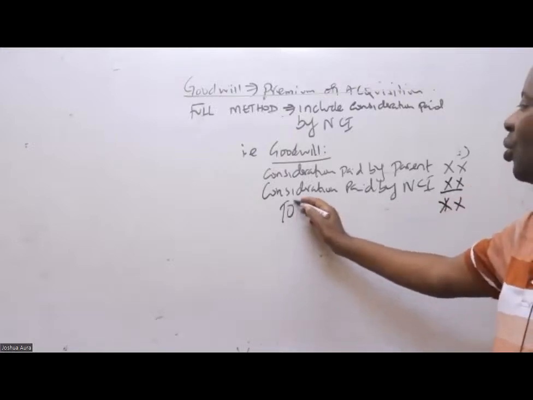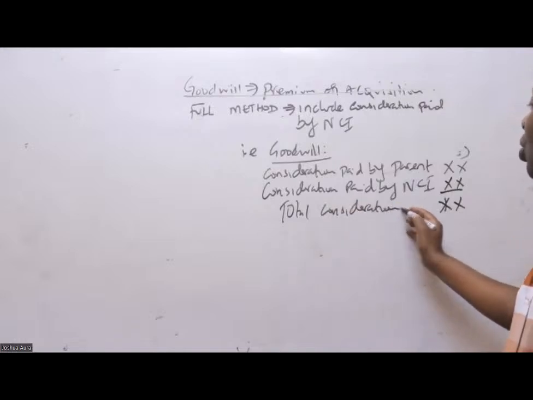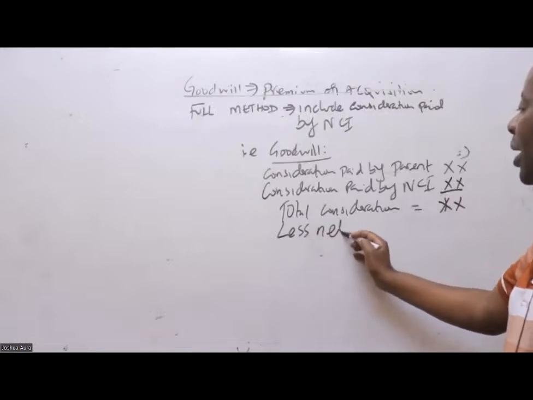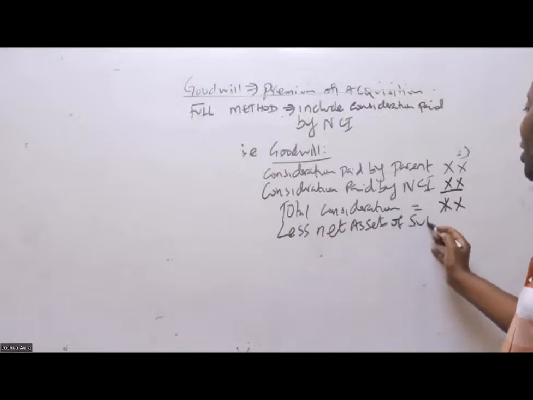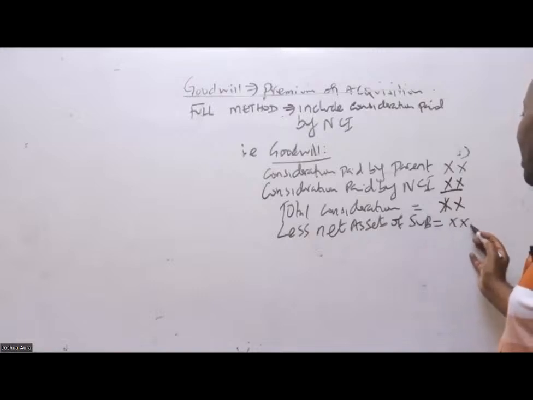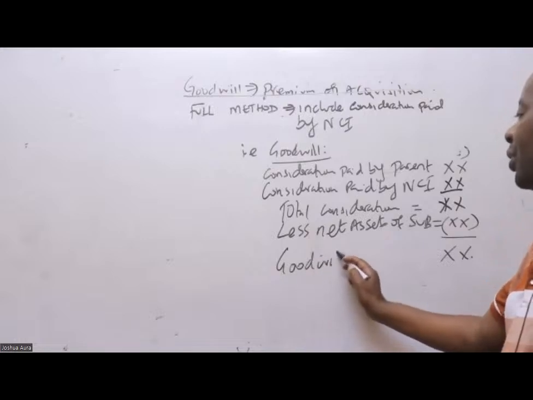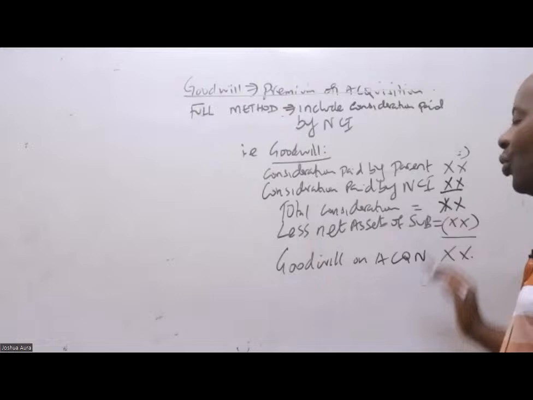From the total consideration we now less what we call the net assets of the sub. We subtract like that. Whatever you get here will be the Goodwill on acquisition.